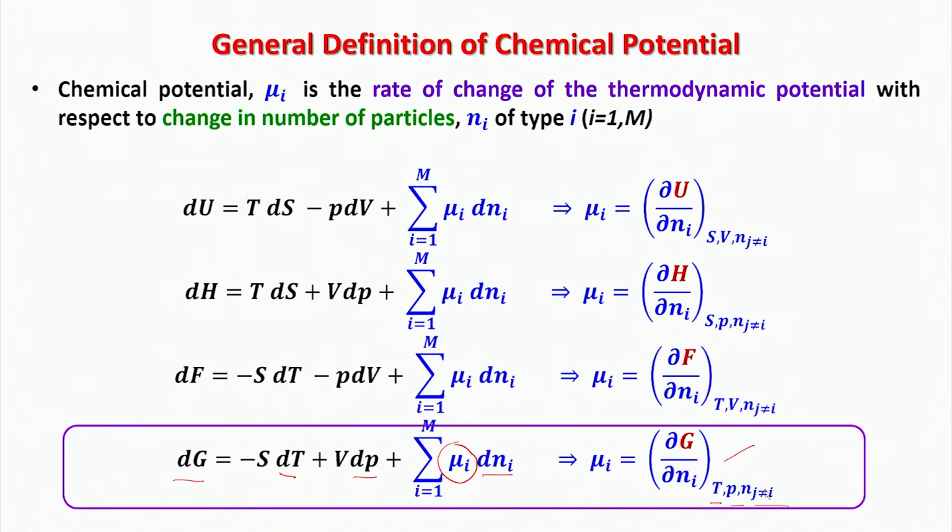And what we are going to see next is that this is the most commonly used form of chemical potential.